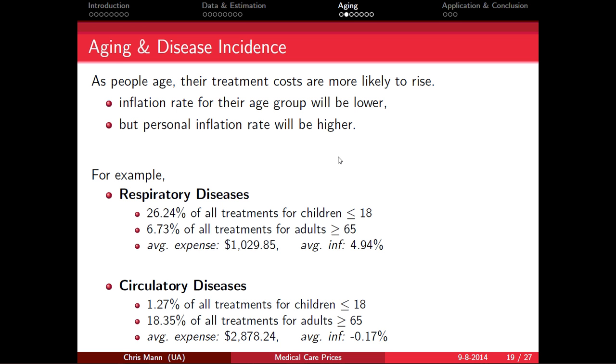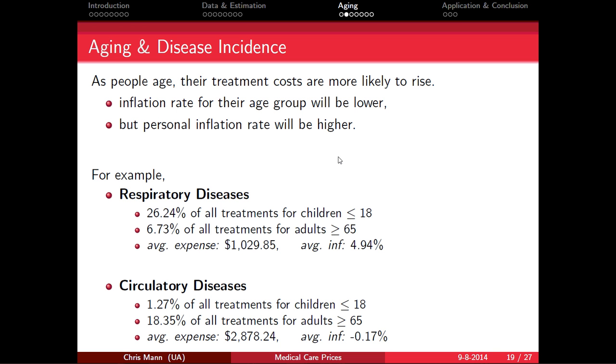Now, one thing to understand is that this average expense is going to be a little higher because this includes a lot of patients with COPD and other types of diseases that have a much higher expenditure than the types of diseases children would be treated for.